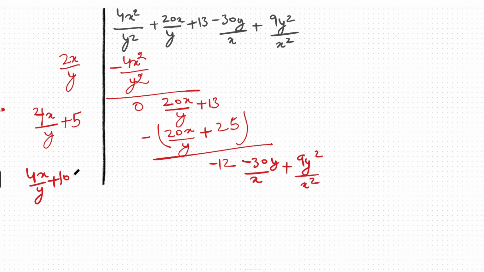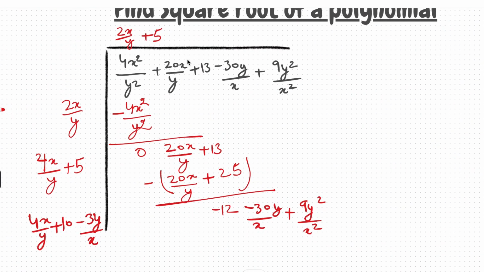And what should we add or subtract here into 4x upon y plus 10 so that we obtain this term? That would be minus 3y upon x. And let's write the same term in our answer as well.